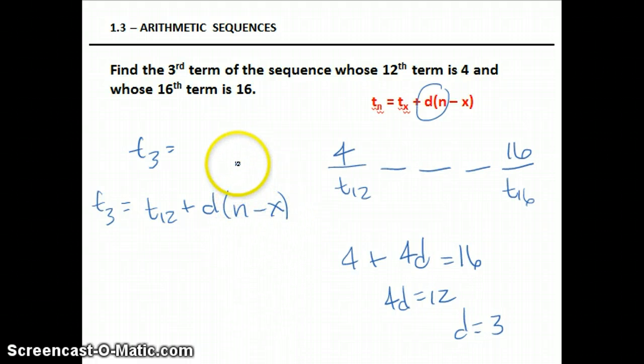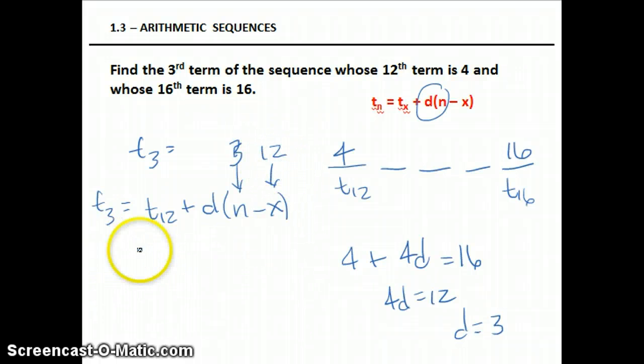Now you need to remember that your n here is your 3 and your x here is your 12. So we're going to go backwards. So we're going to end up having a smaller number because we have t sub 12. So it's okay for us to have an n minus x where it's going to be 3 minus 12.